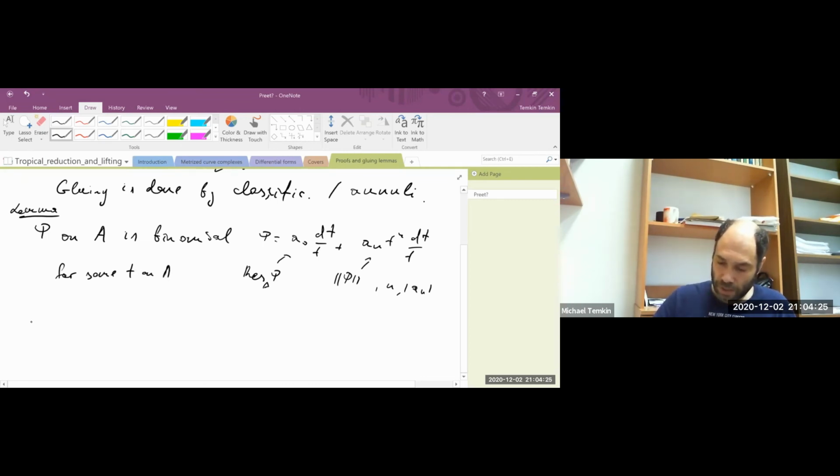Similarly, a degree p cover of annuli, Ax goes to Ay, is binomial.